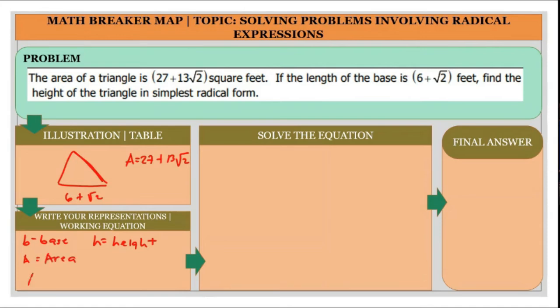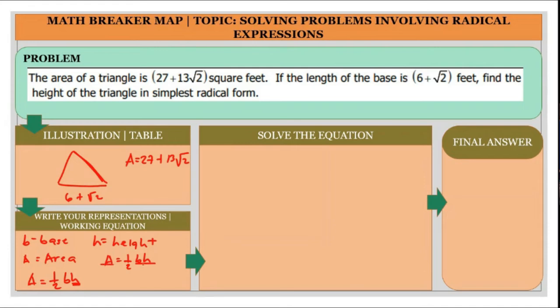Okay, so the formula here will be A is equal to 1/2 base times the height. To find the height of the triangle, we will be solving for H based on the formula. So we will be isolating H to get its value. A is equal to 1/2 base times the height.